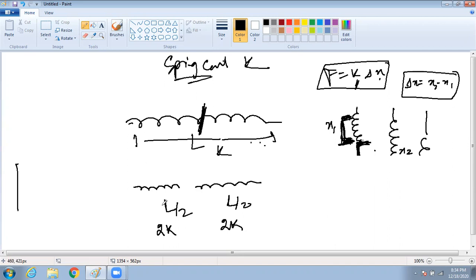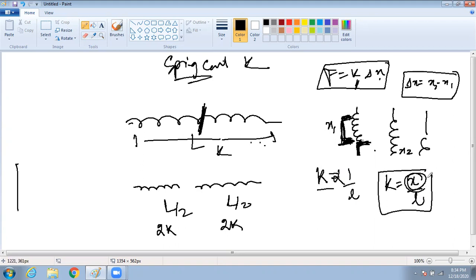So K is inversely proportional to L. That means there is some constant which is equal, that means K times L is constant. We'll see what is there.